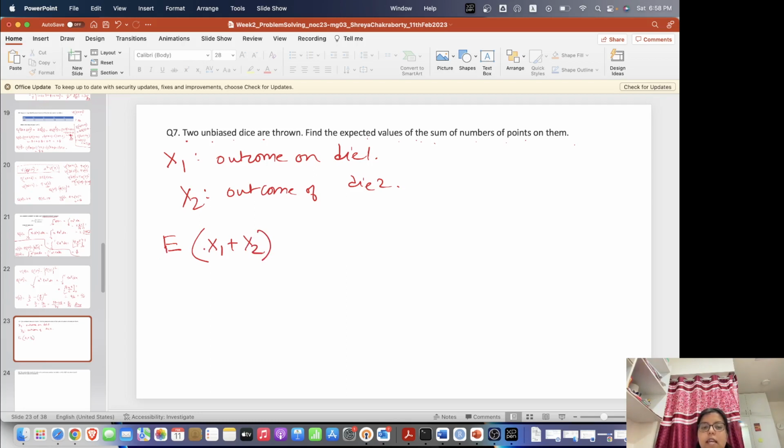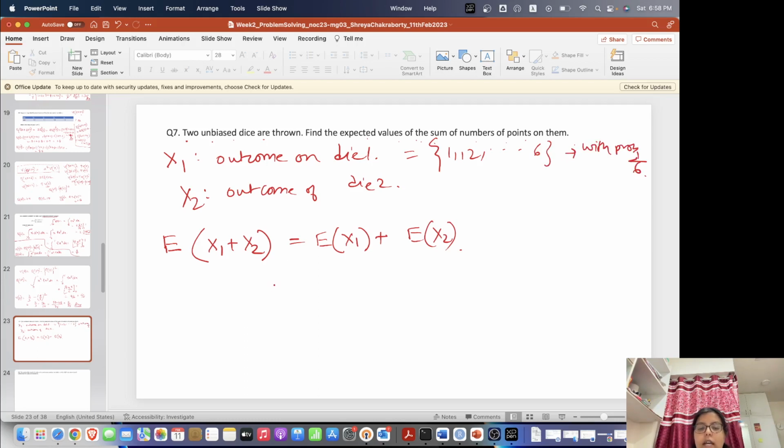So as I was saying, expectation of x1 plus x2 is expectation of x1 plus expectation of x2. So x1 can have values like the previous one, 1, 2, up to 6 with equal probability, 1 by 6.